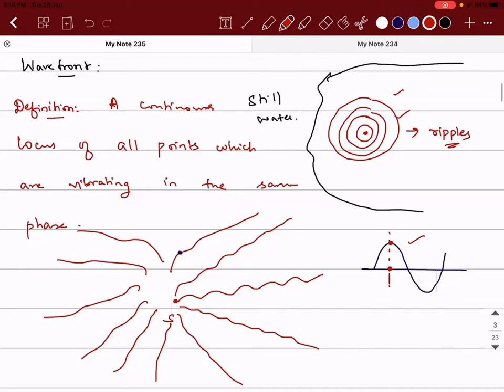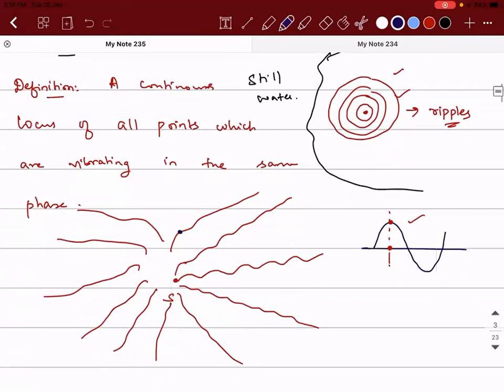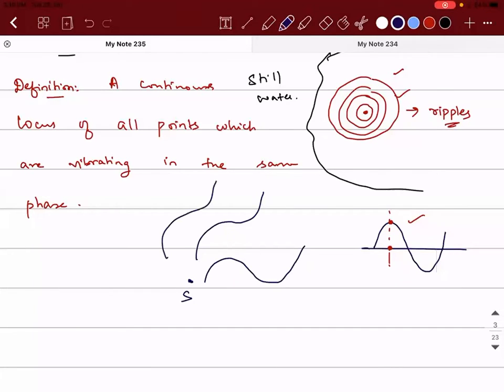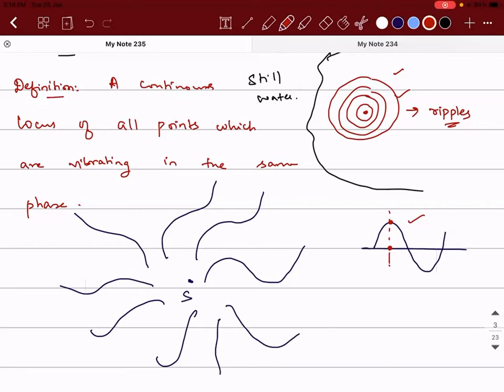So if I take all those displacements at the same time, let me draw a better diagram. Let us say this is the source and 1, 2, 3, 4, 5, 6, 7, 8, something like this. Let us say this is the phase of a particle at this instant.